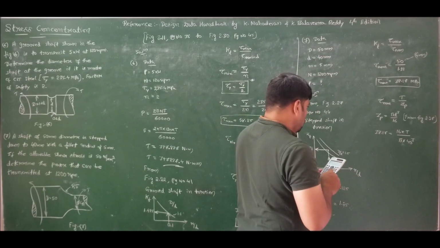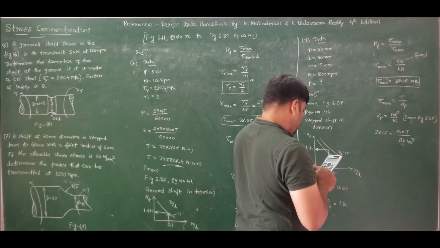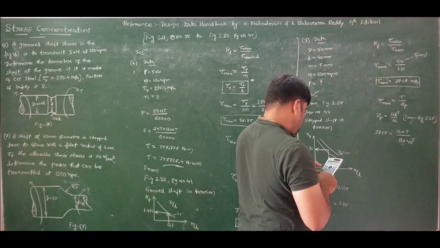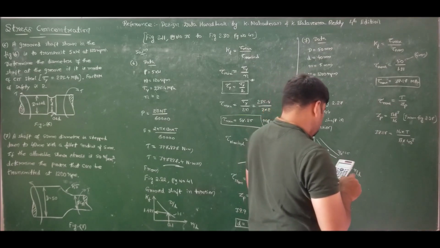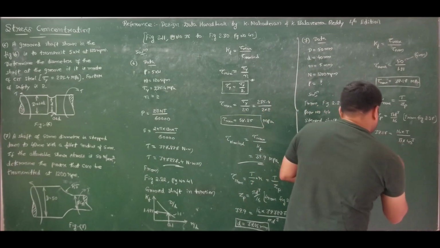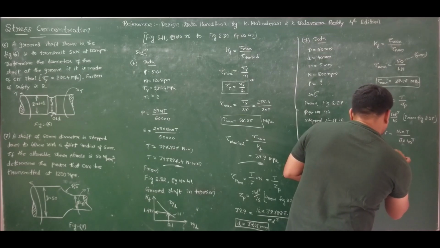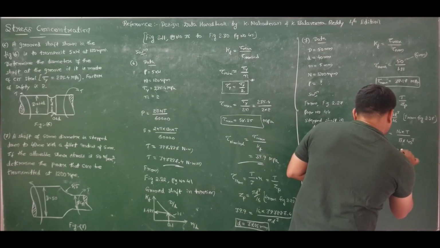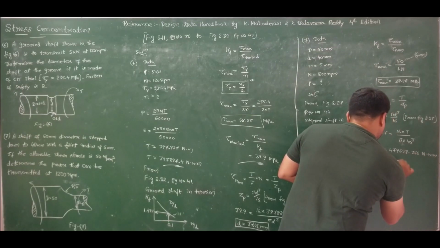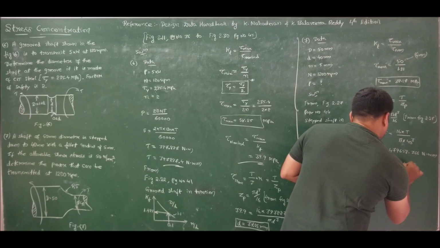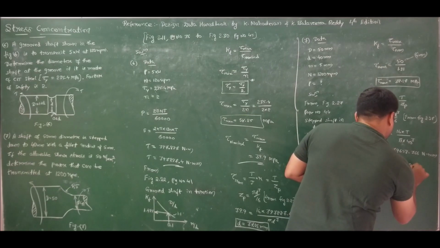Hence torque will be 38.17 into pi into 40 cube divided by 16, which is 479658.36 Newton mm. Hence torque is equal to 479.6584 Newton meters.